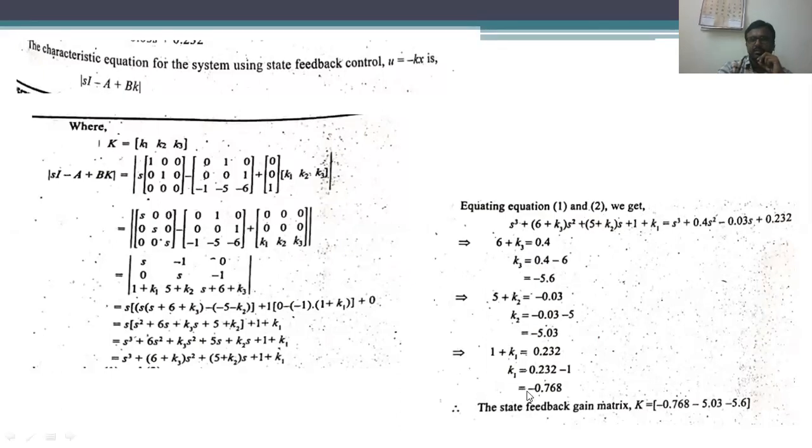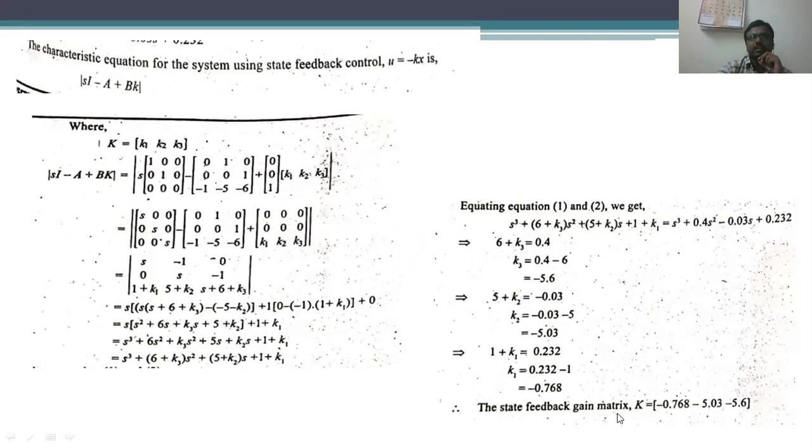From that K1 is equal to minus 0.768. Therefore, the final state feedback gain matrix consisting of K1, K2, K3 is minus 0.768, minus 5.03 and minus 5.6.